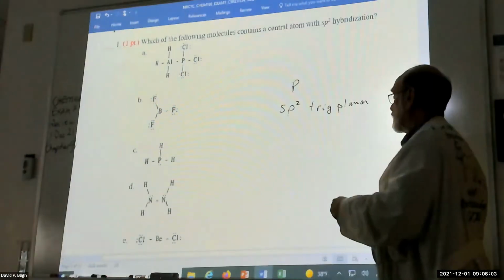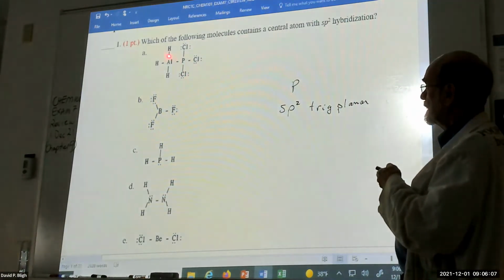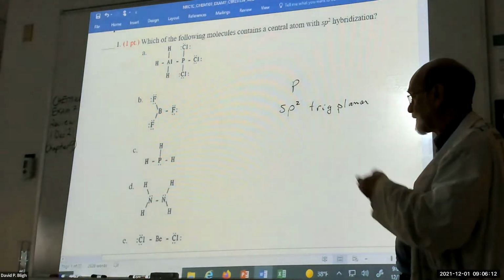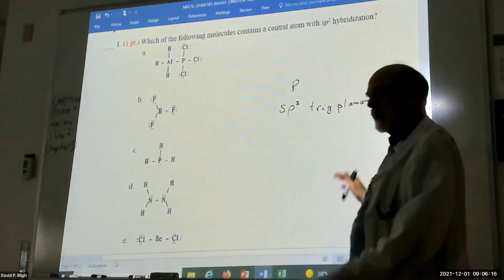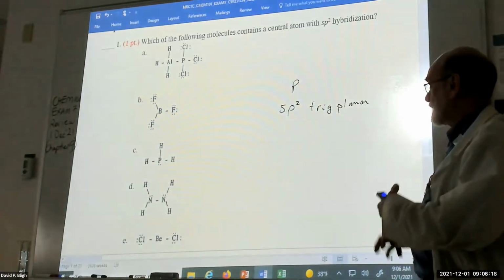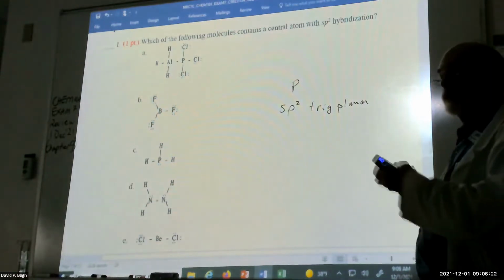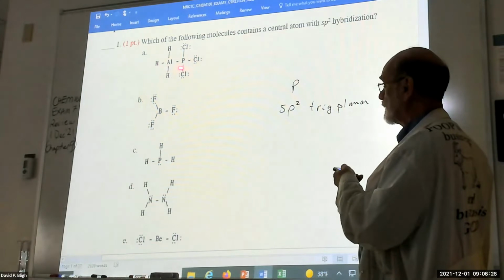So in order to find trigonal planar, it looks like the Lewis dot structure for these is complete. It has all the lone pairs as well, and that's good. For trigonal planar, we just need to look for a central atom that has three groups around it. It looks like that one doesn't work.